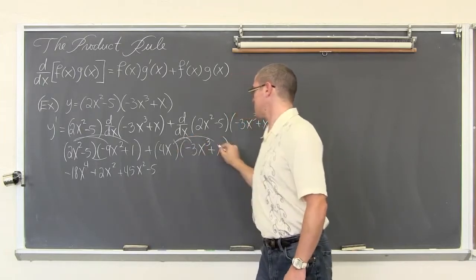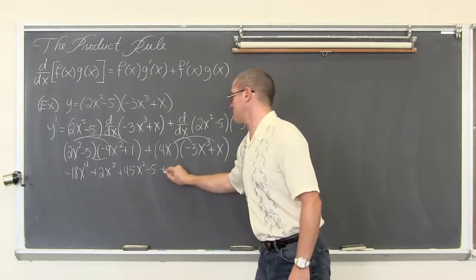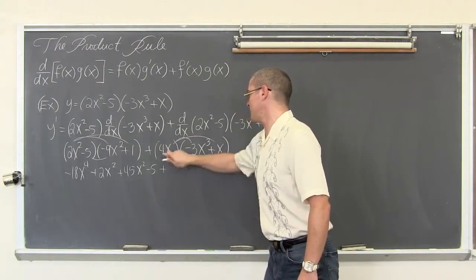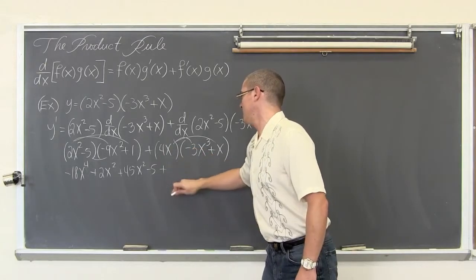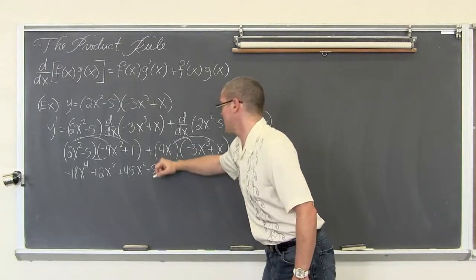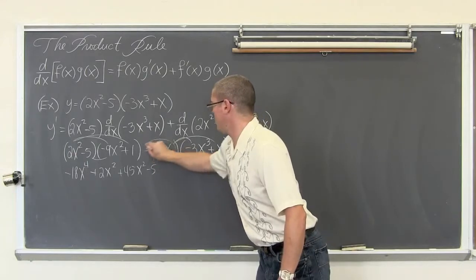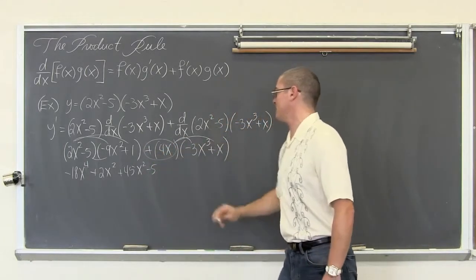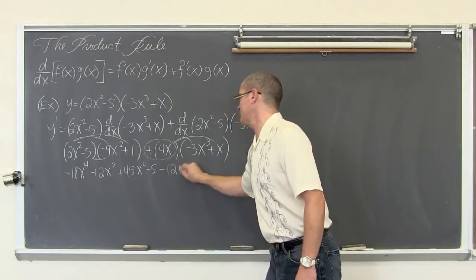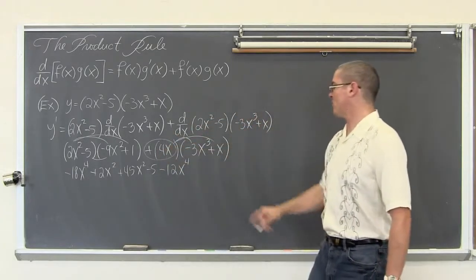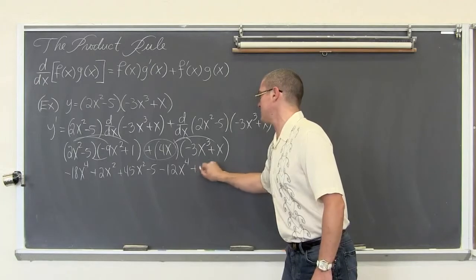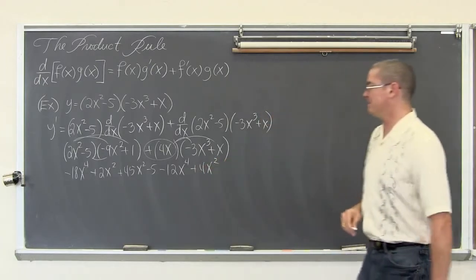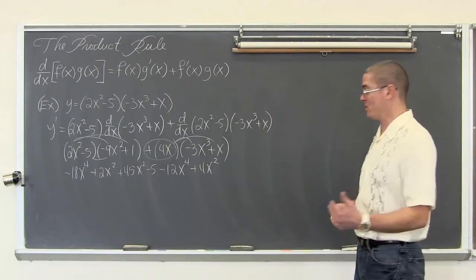Then we're also going to distribute this 4x. Let's take the whole positive 4x and multiply it through. So positive 4 and negative 3 is negative 12x to the fourth, and positive 4 and positive 1 is plus 4x squared. Now we have to add like terms.